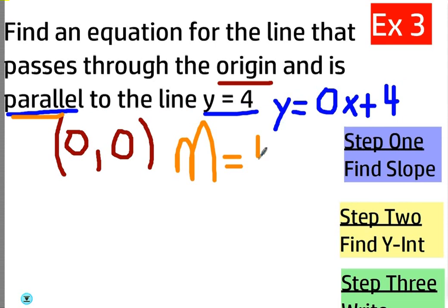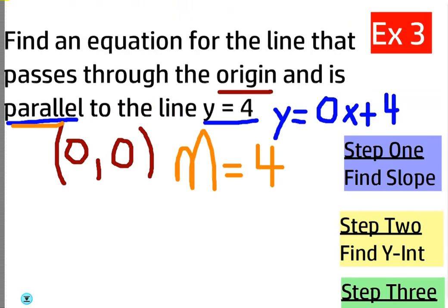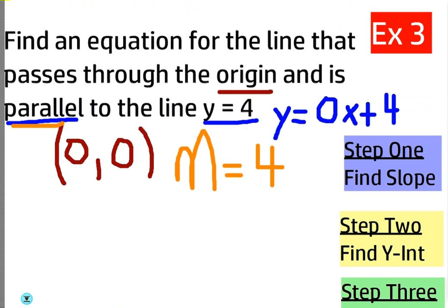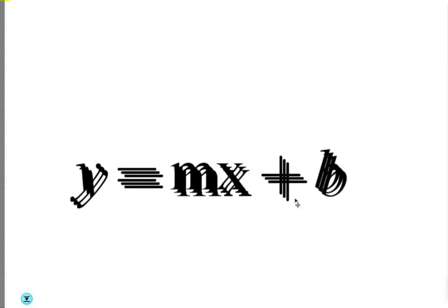So we're given a point, the point 0, 0, and the slope. That's all we need to come up with an equation. So let's do that. Let's go back and copy this.